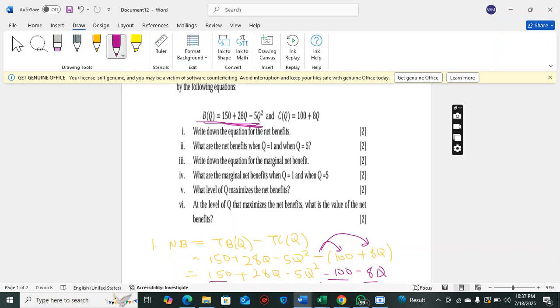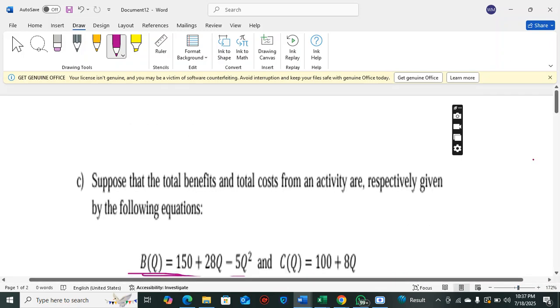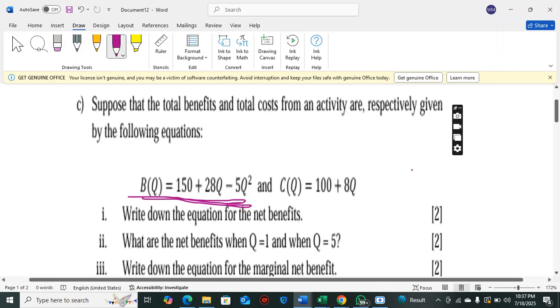Have we got our answer? Deriving this BQ here. Have we got an answer?